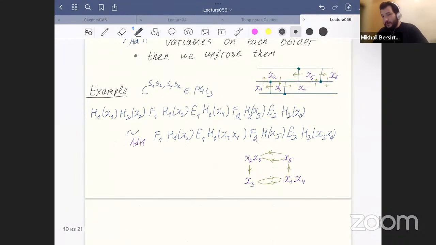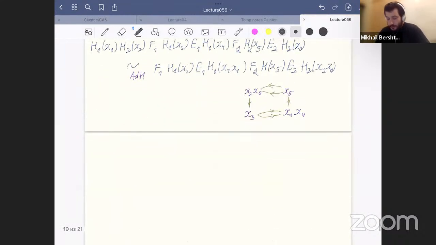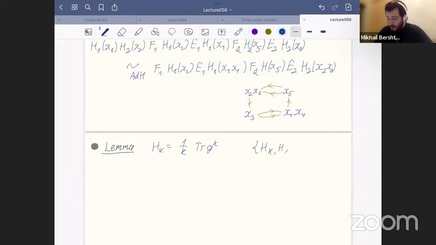The natural functions of this form are traces. And indeed, there is the following lemma. Let us define h_k is 1 over k trace g to the power k. Then the Poisson bracket between h_k and h_l is equal to 0.